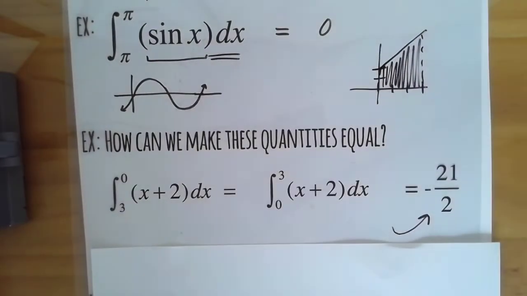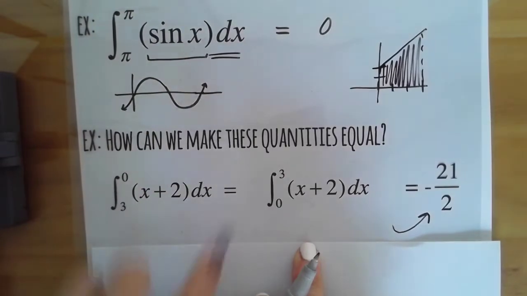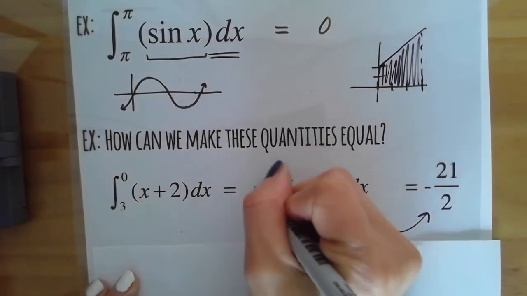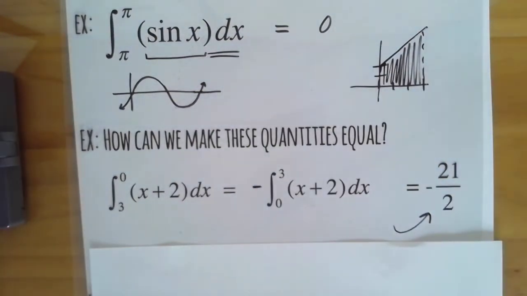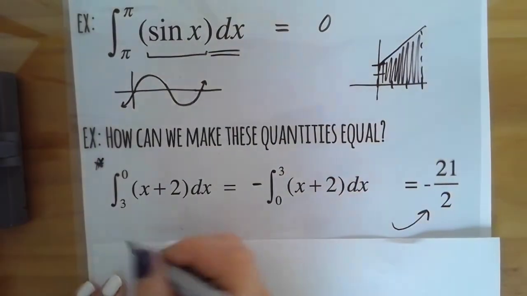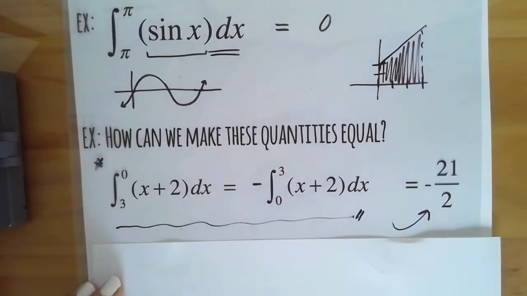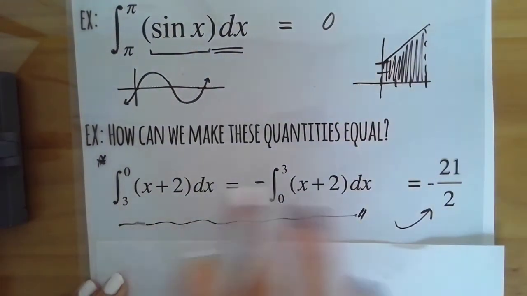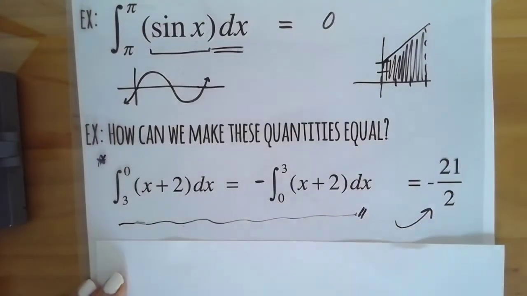That's what you should imagine. But how can we make this equal if these are flipped? Any guesses? To make it equal, we would have to put a negative here. If you don't understand this quite yet, we're going to get better at this as we do more definite integrals. We're going to show you how this makes all sense.